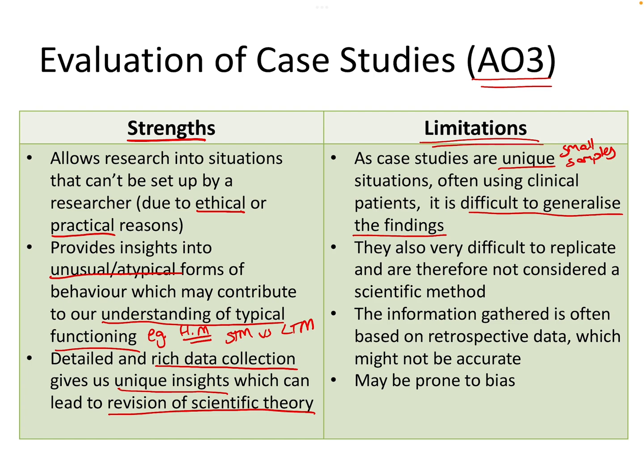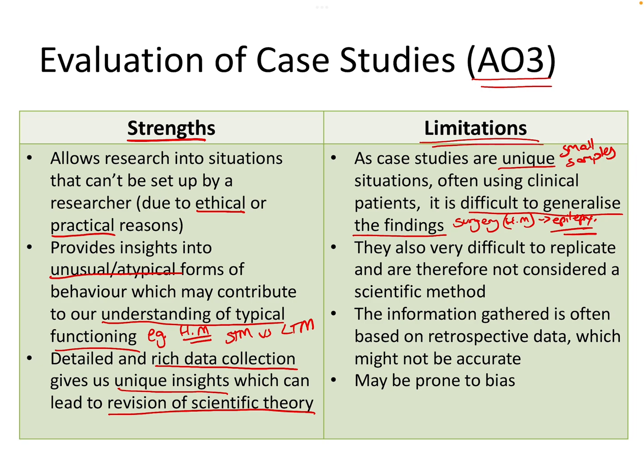For example, if we're studying people that have had surgery, like HM, it might be hard for us to draw conclusions about what was happening with his memory because he had received that surgery because of epilepsy, and he had undergone a brain surgery that normal individuals don't have. So it means that any findings from HM may not be applicable to other people. They may just be unique to HM.